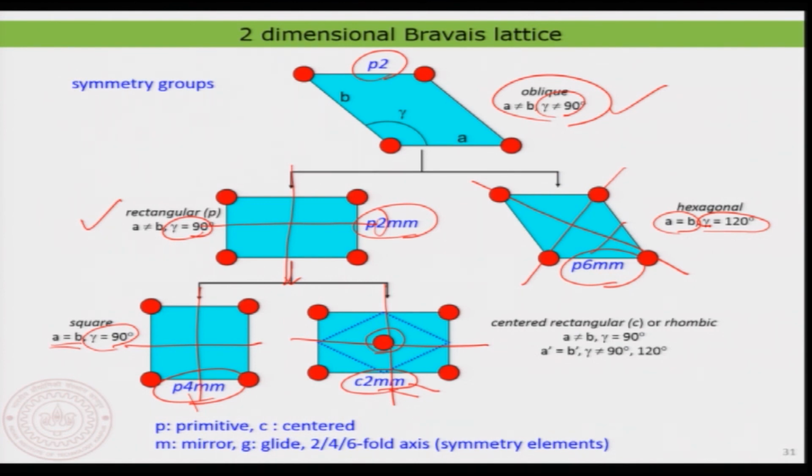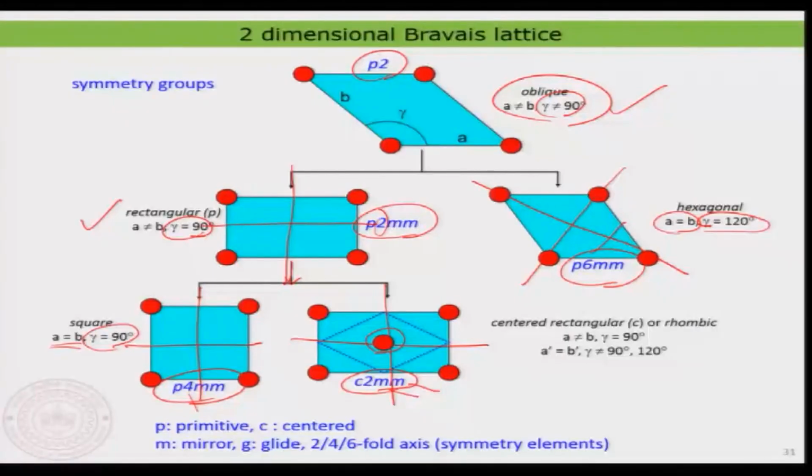Well, that is a summary of the Bravais lattice, and as I have already told you, all the different types of lattices that you observe on surfaces can be classified into any of these. For example, our 110 surface corresponds to the rectangle or P2mm, the 100 surface can be put in P4mm, the square, the 110 of the BCC can be represented by C2mm, and the hexagon can be represented by P6mm and so on.